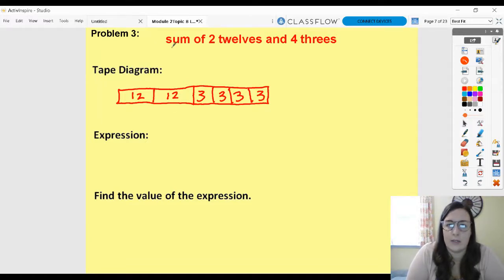But as an expression, they say sum of. So we know sum means addition, but also we know that it means that we're going to be grouping things together. So we need the sum of this and the sum of this. So we've got to figure out 2 12s, and we have 4 3s, but we want the sum of those two things.